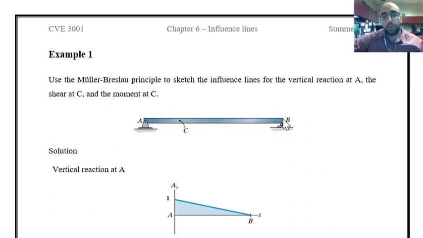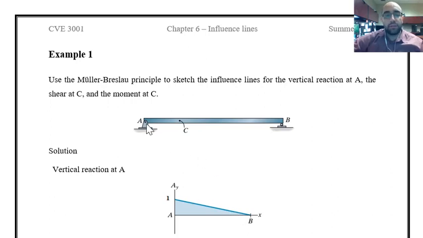We have a roller support over here, and the beam cannot experience any displacement. That's why at the end, the deflected shape is returning to point B as it is in the undeformed shape. But since it's a roller support, it can experience rotation, and that's why we could apply the unit displacement and see such a deflected shape for the beam.